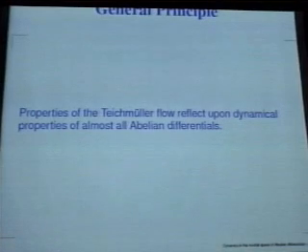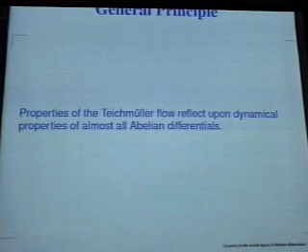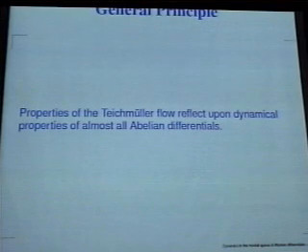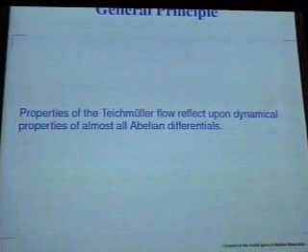And this is not meant to be taken too seriously, but this is a kind of moral principle that I'm going to explore here, which says if you are able to prove a property for the Teichmüller flow, then this is a dynamical system in the space of all Abelian differentials, in parameter space. If you have a property for the Teichmüller flow in this parameter space, then it will be expressed somehow in the way individual Abelian differentials behave.